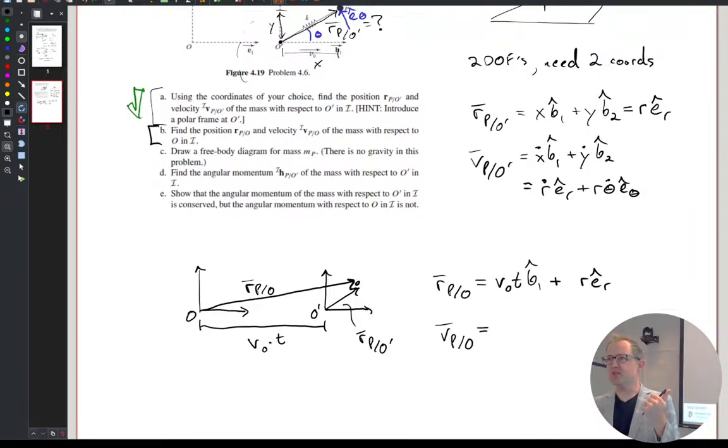Can I do this though? Now I have B and ER. Is that okay? I don't think you're allowed to do that. You can, but it's suboptimal. You want to put them all in the same frame? Cosine would go crazy. As far as defining position, it's okay to mix and match unit vectors.